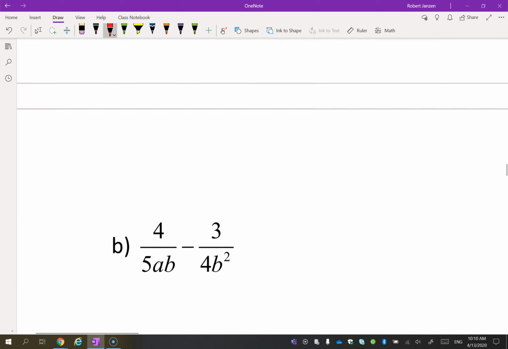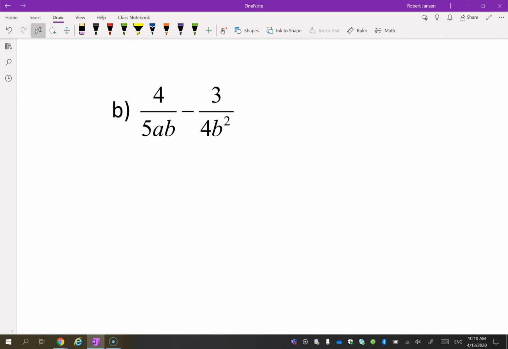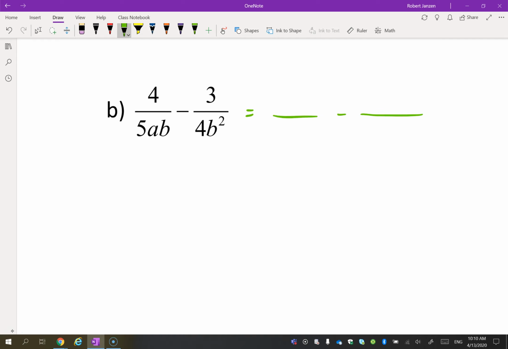Okay, let's try the next one. What is the least common denominator, lowest common denominator? Well, a number that both 5 and 4 go into will be 20. And then I need a number that a will go into, so I need an a, and I also have a b squared.